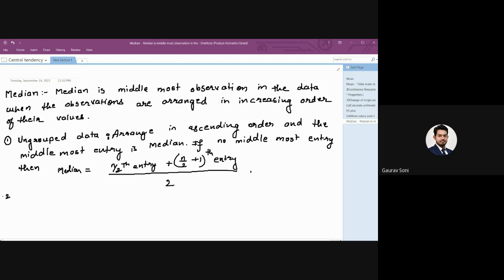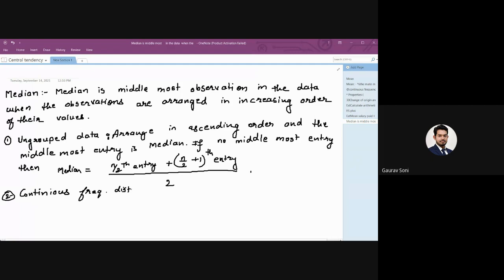Second, if you have the continuous frequency distribution, continuous or discrete for both of them, continuous frequency distribution.